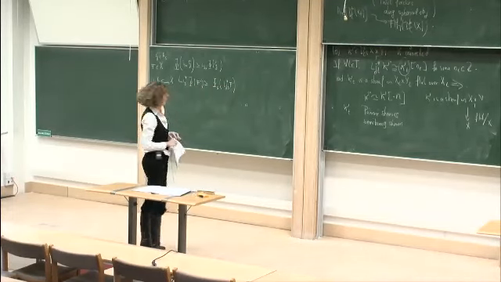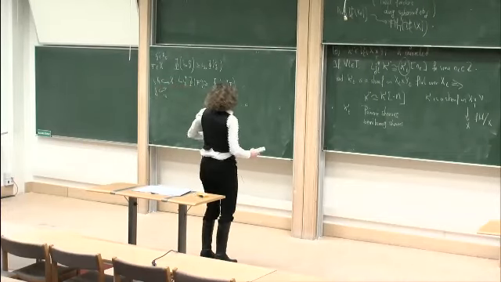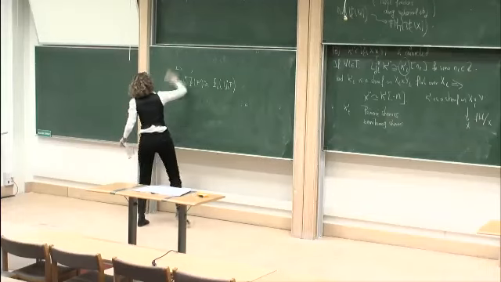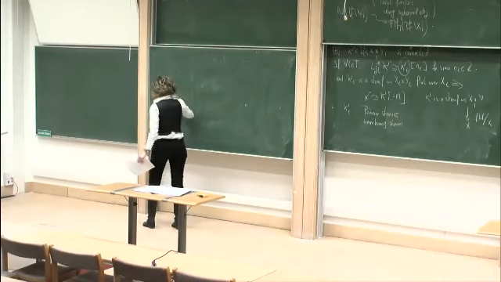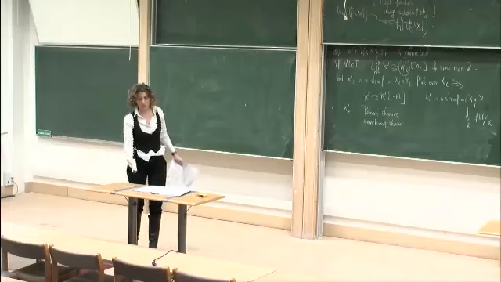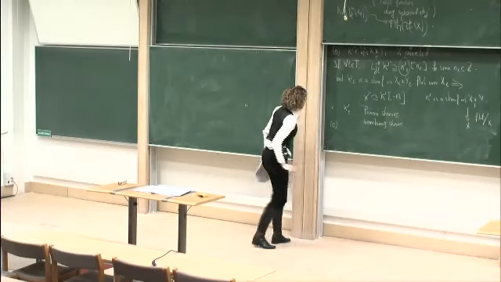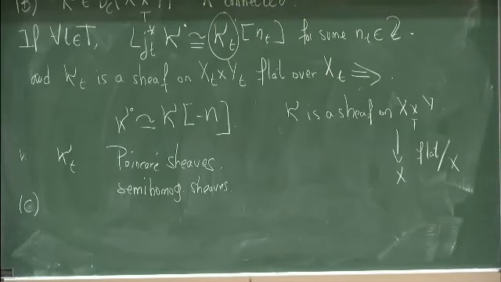Okay. Well, I don't have much time to explain the result, but let me pass directly, very quickly, to the third result, that gives you a characterization of when a Fourier-Mukai functor is trivial.